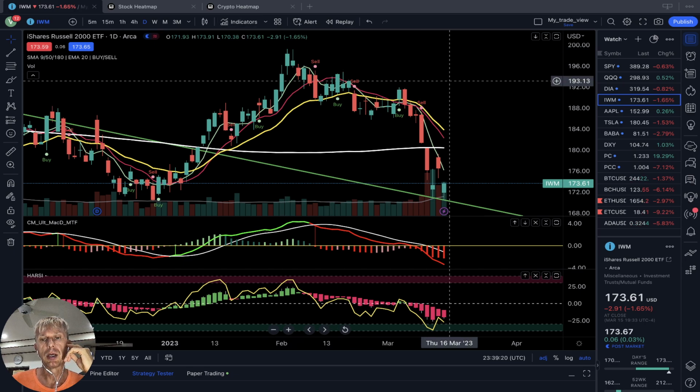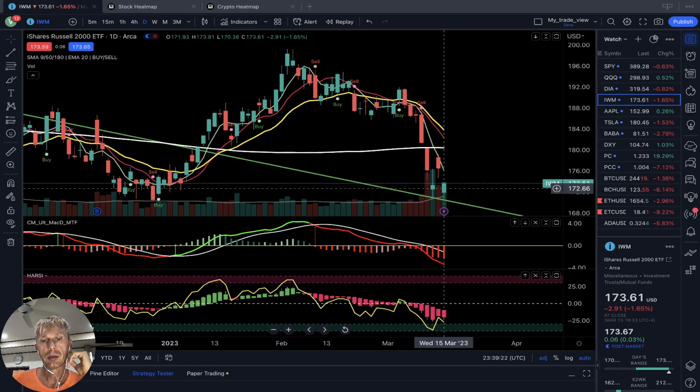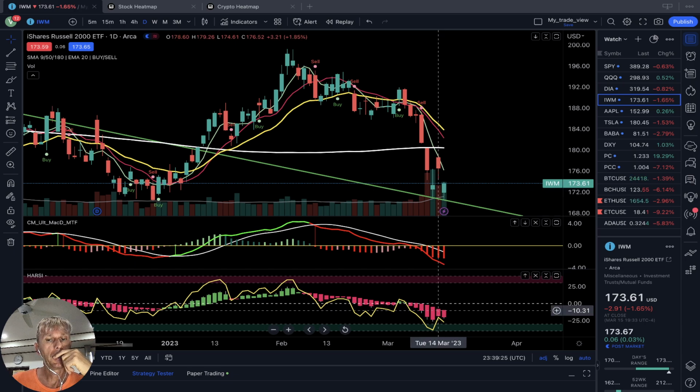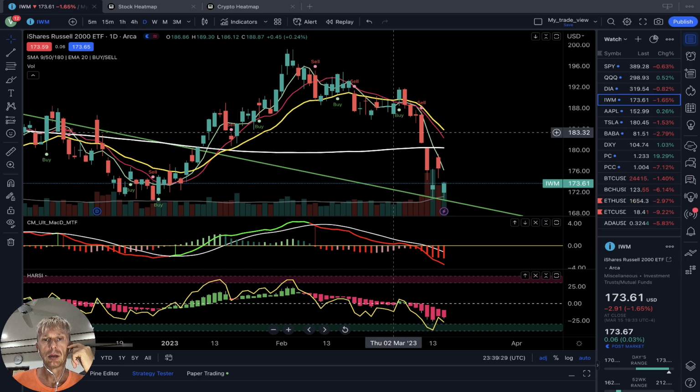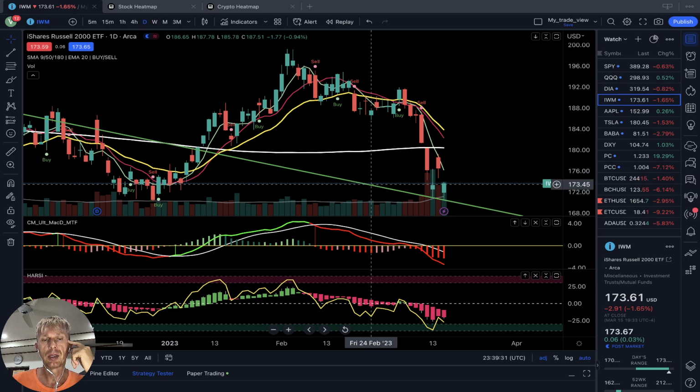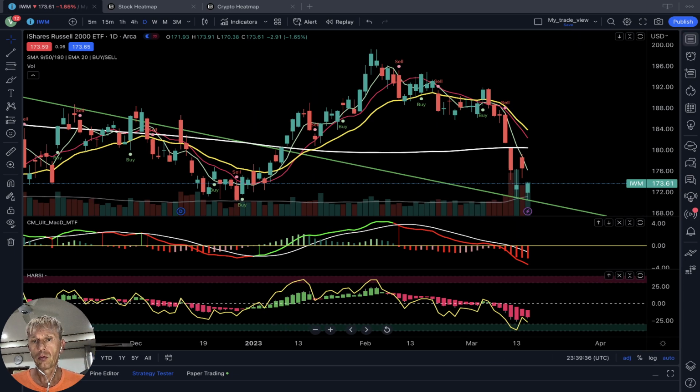Russell 2000 daily. Bearish trend. MACD bearish. Fibonacci bearish. RSI was in oversold territory. And this green line is a major trend line from the top of the market from 14 months ago. Volume is huge. It was huge volume for the last few days.